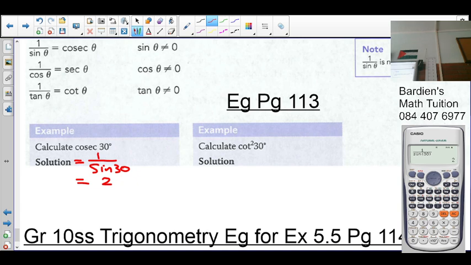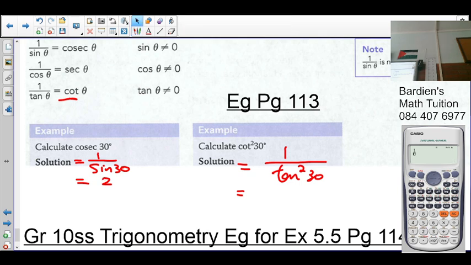Let's look at the next one. Cot squared 30. Cot can be written as what? 1 over tan. So I say 1 over tan squared 30. And how do we put that in our calculators? We put here 1 over, open brackets, tan 30, squared.